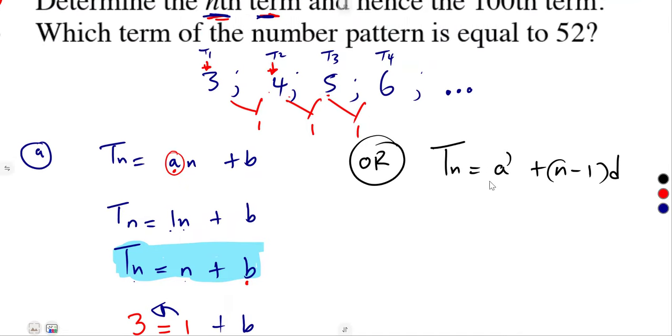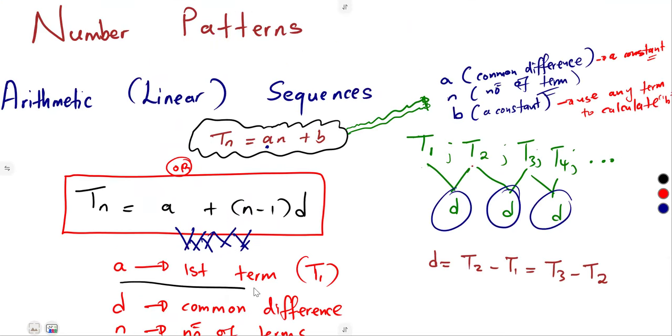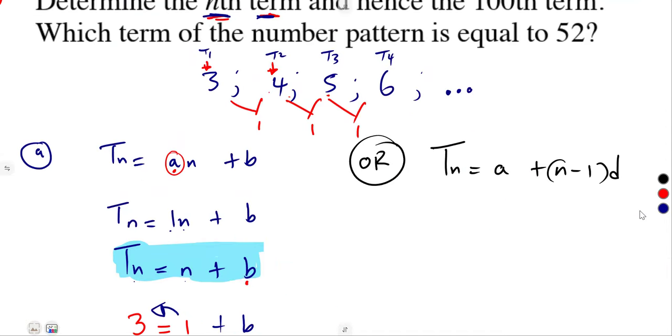So here we said A is the first term now. Here you must be very careful. A represents our T1, the first term. So meaning to say we already have that one on our formula, which is 3. A is equal to 3. Okay, our first term.